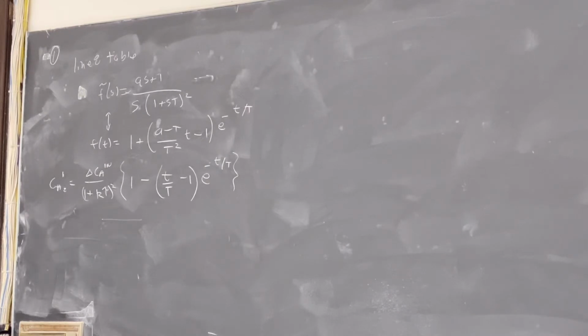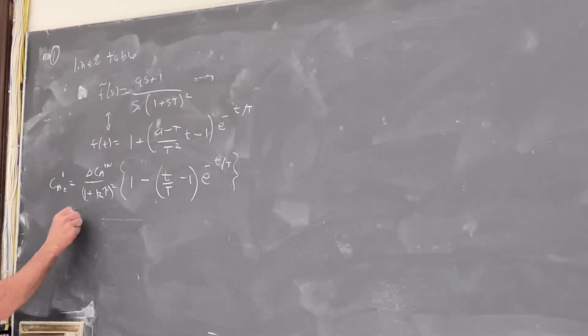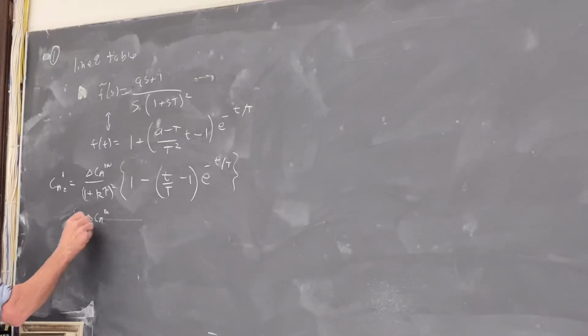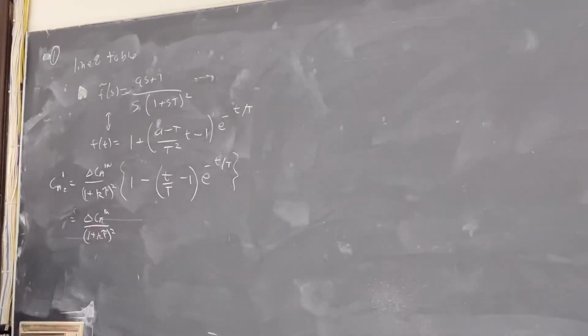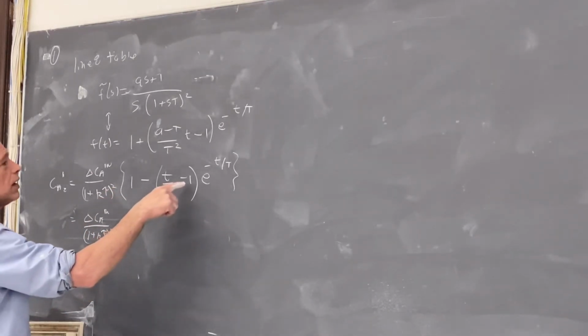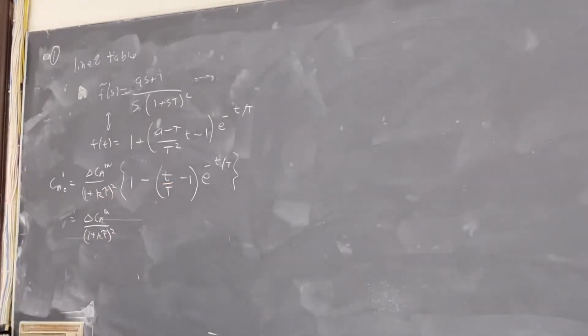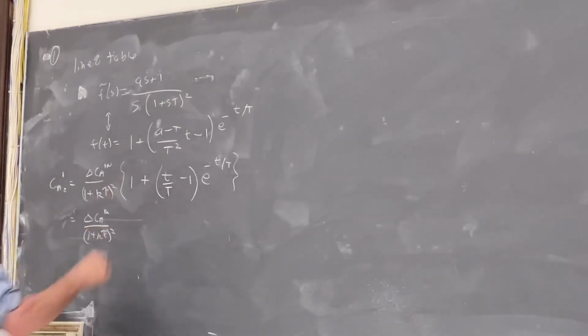And notice that I can rewrite this as delta CA over 1 plus kτ squared, and here I have a 1, and then a plus e to the minus t. I guess I could just leave it the way it is. This is line 8. No, there's a plus here, not a minus.